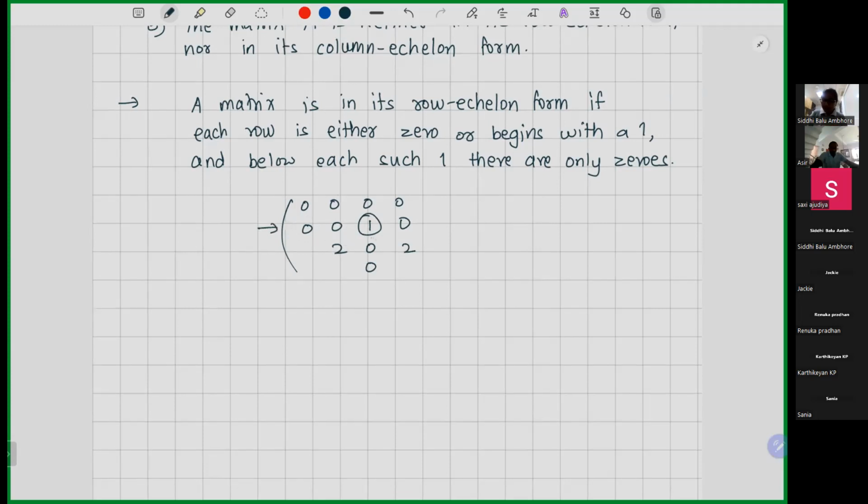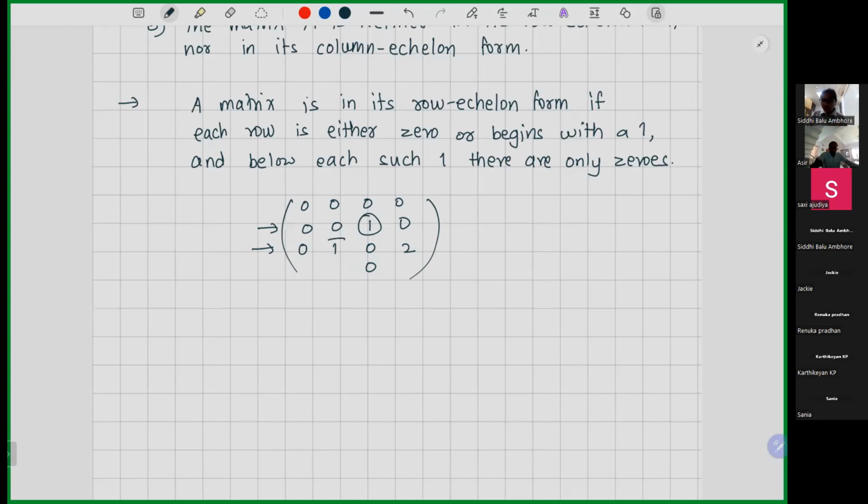Now if I check the third row, it has a non-zero entry too. If the first non-zero entry is 2, this does not satisfy the condition for row echelon form, because the first non-zero entry must be 1. So we can either add a 1 here, or make this 2 to be 1.